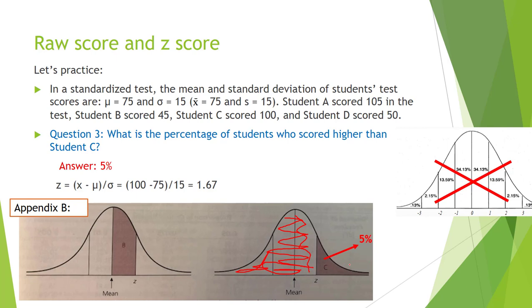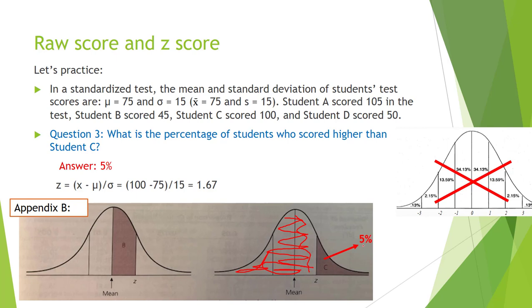So I hope you can understand, because here is 5%, I will say for this particular test, it's very unlikely to find a student whose test score is 45. I'm sorry, because this student actually scored 100, okay? Because here is 100, or 1.67. And 5% is a small percentage.